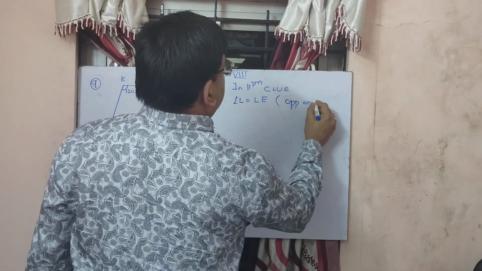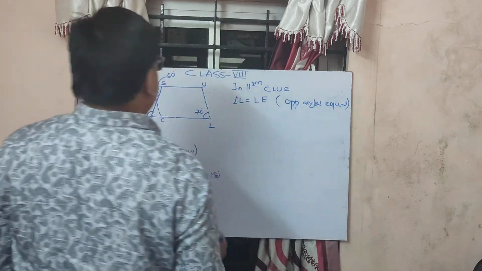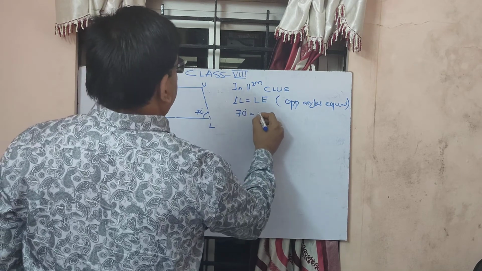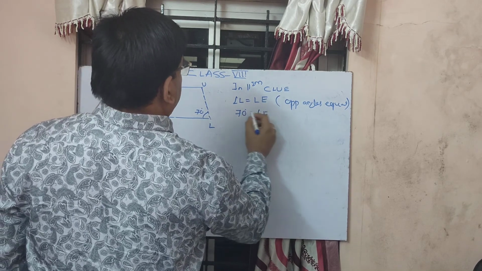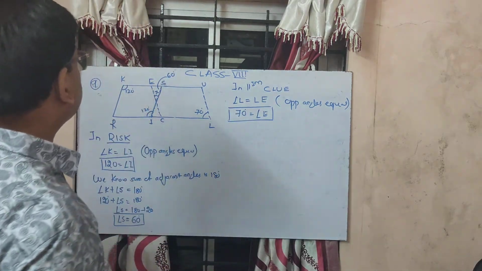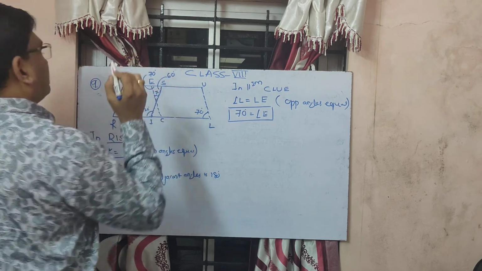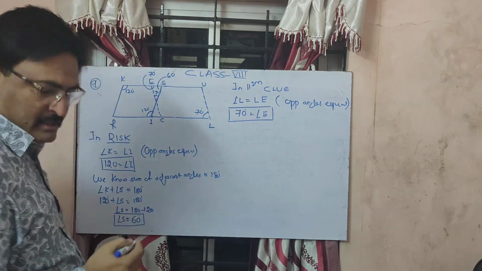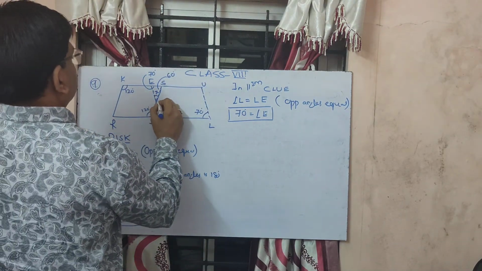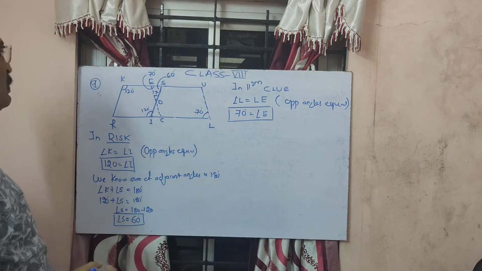Angle L is 70 degree. So therefore angle E is equal to 70 degree. Now you just put a name, this point of intersection is known as O.